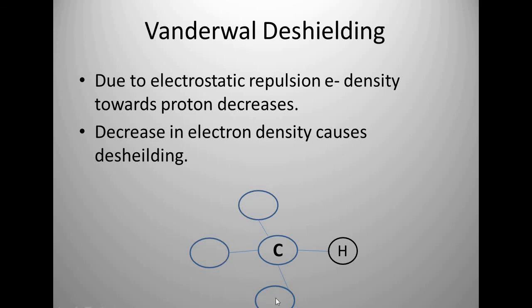Due to the electrostatic repulsion, the electrons present over here are pulled away, and the electron density across this bond decreases due to the presence of these bulkier groups, and as the electron density decreases, it causes a de-shielding effect. Thank you.